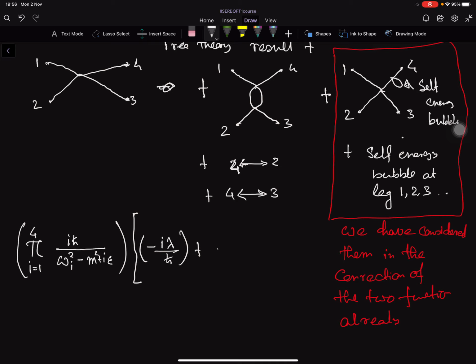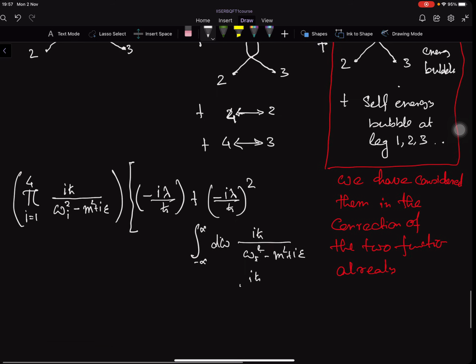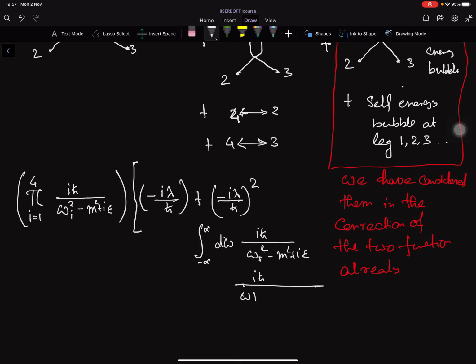Then the second term is minus i lambda over h bar square, and then it's a loop integral of i by h bar over omega square minus m square plus epsilon times i by h bar over (omega plus omega 1 plus omega 2) square minus m square plus epsilon.